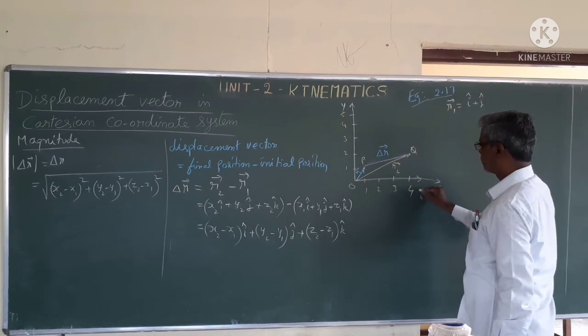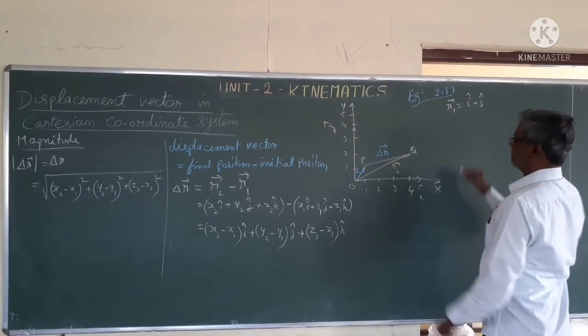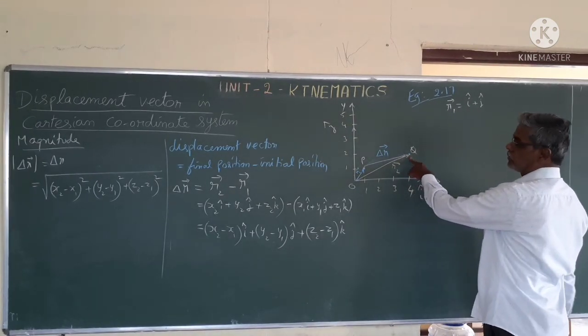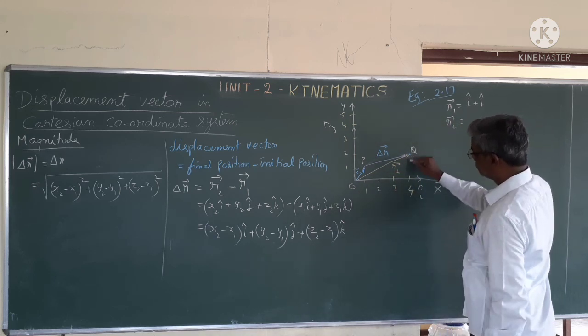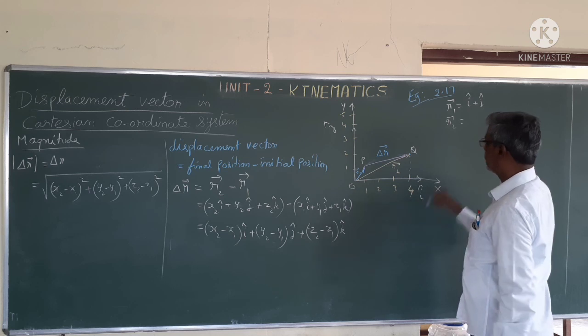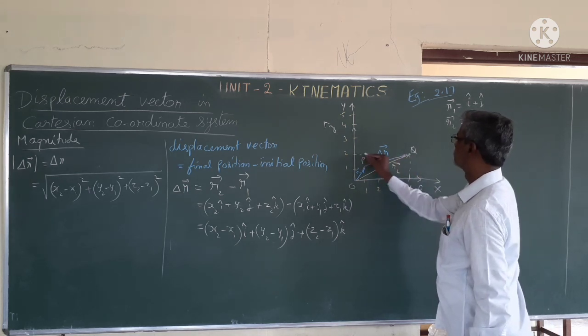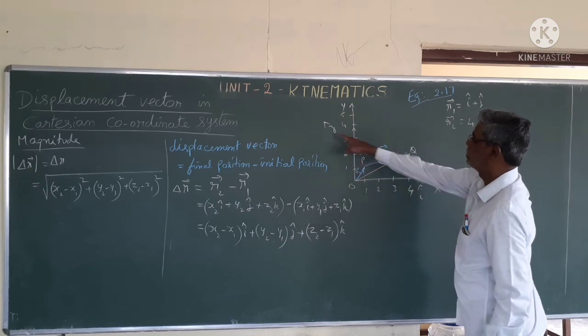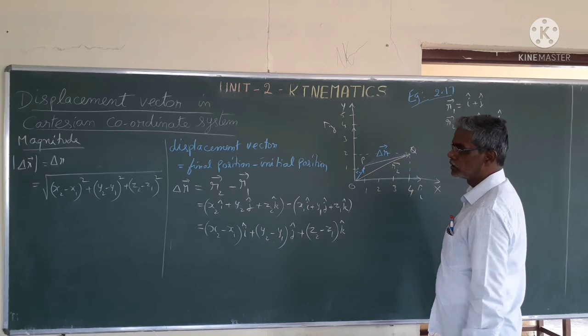This one is i cap, this one is j cap. Then what will be the position vector of Q? It is R2 vector equal to 4i cap plus 2j cap.